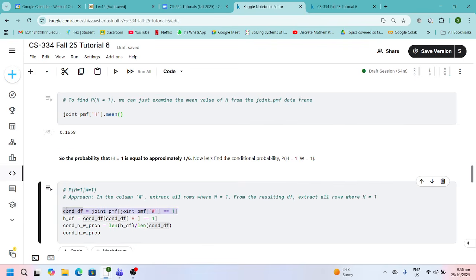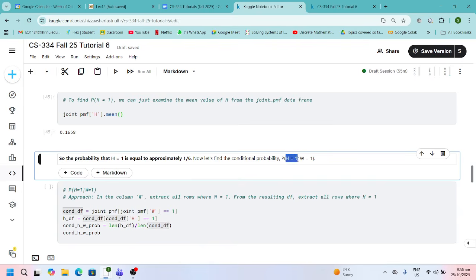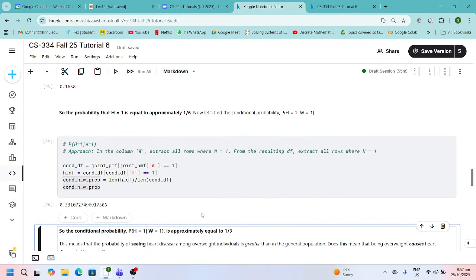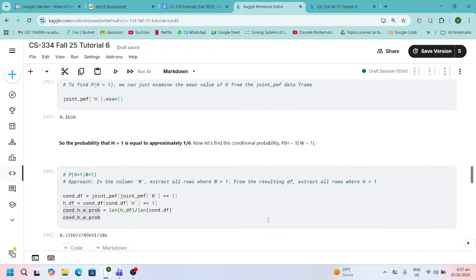I'm storing it in some conditioned data frame. Then from this data frame, I find all the individuals for which h equals 1. I'm finding that from within this. Again, I have a simple pandas query for that. And then the length of this data frame divided by the length of this data frame will just give me my conditional probability, which interestingly comes out to be 0.33.